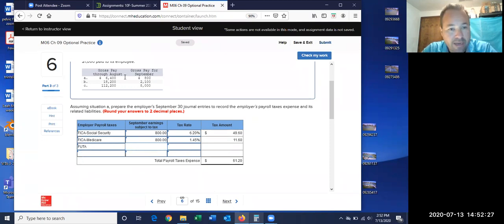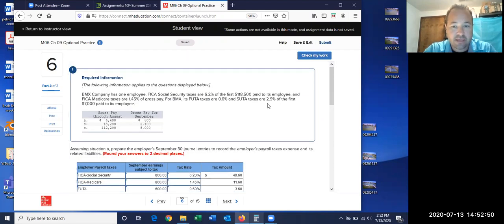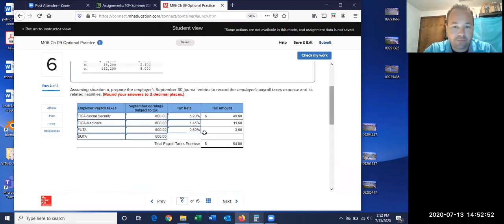And remember back, for FUTA we're not going to pay all 800 because we're going to hit the cap. We only have $600 left of the cap. The FUTA rate is 0.6%. And then the SUTA rate is the same wages, $600, and the SUTA rate is 2.9.